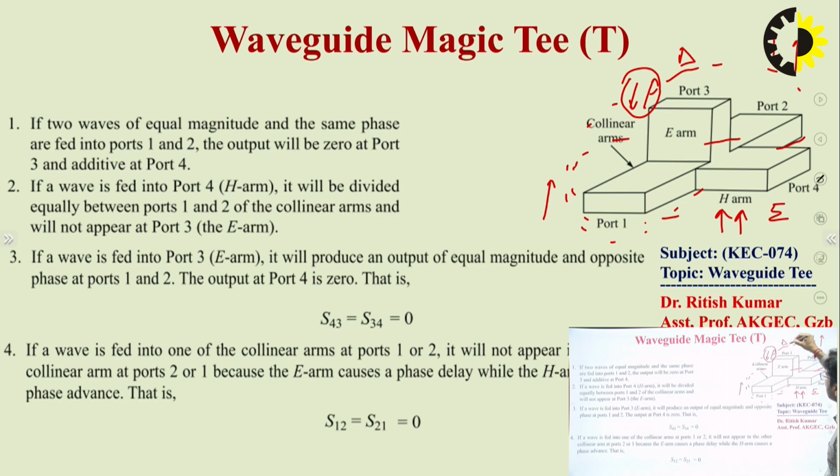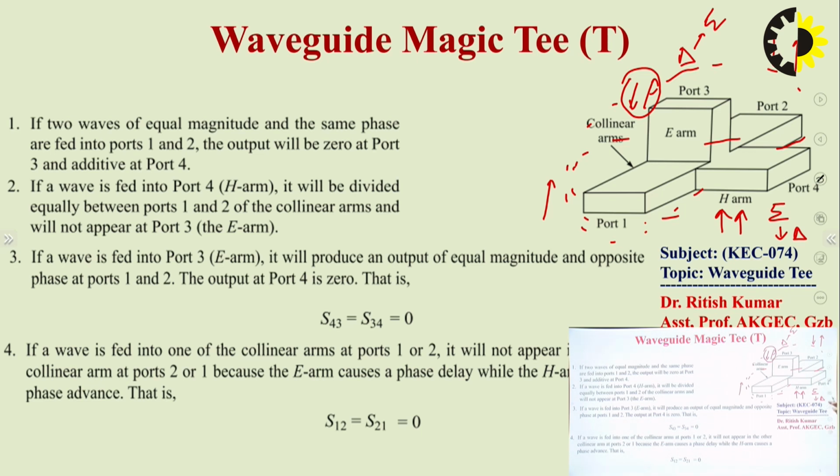So, this port is replaced by a summation port, while this port is replaced by a subtraction port, right. So, by changing the orientation of the E field, we can change the E arm and H arm from subtraction port to summation port and vice versa, right.